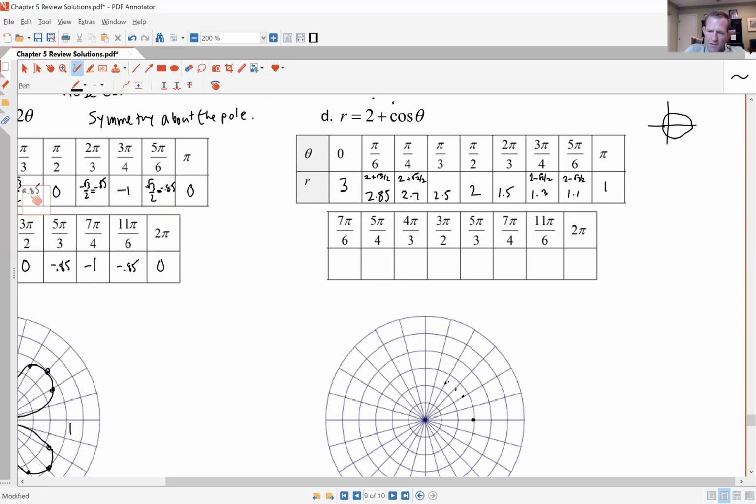And then we get to pi over 2, we're at 2. Then 2 pi over 3 is at 1.5. 3 pi over 4 is at 1.3. And 5 pi over 6 is at 1.1. And pi is at 1.